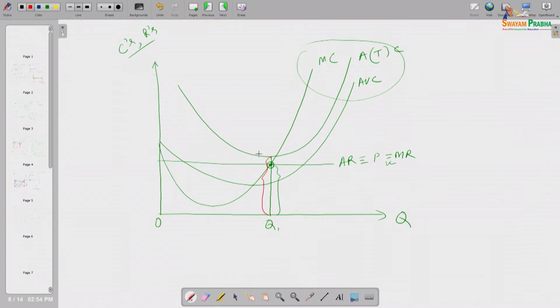In this case, this red box is total revenue and this green box is total cost. So, how much profit is that producer getting then? This small rectangular area with a negative sign, because total cost is exceeding total revenue.